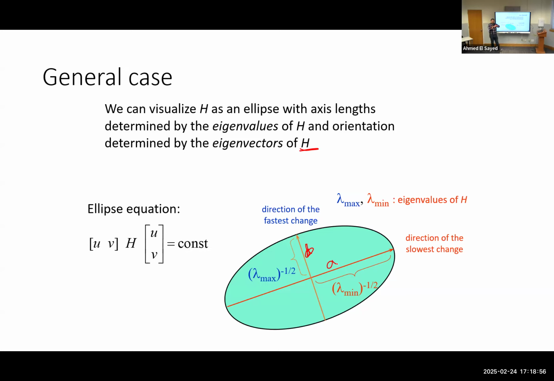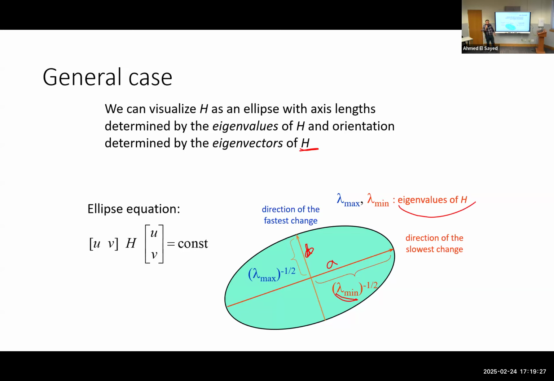The ellipse has two diameters, the bigger one and the smaller one. The bigger one equals 1 over the square root of the lambda minimum of H. The smaller one equals 1 over the square root of the lambda maximum of H. Lambda are the eigenvalues of H.